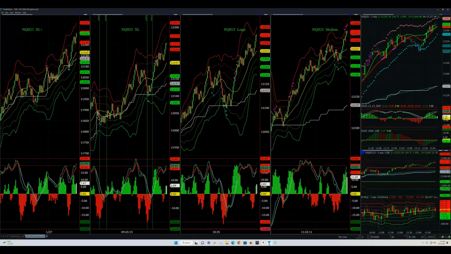And what does a setup look like? It looks like this. We try to make it pretty clear. These cyan dots, cyan bars right here, that was the trade. So during this up leg, we've had one good trade here, and it worked on the way up. They don't always work, but this one did.